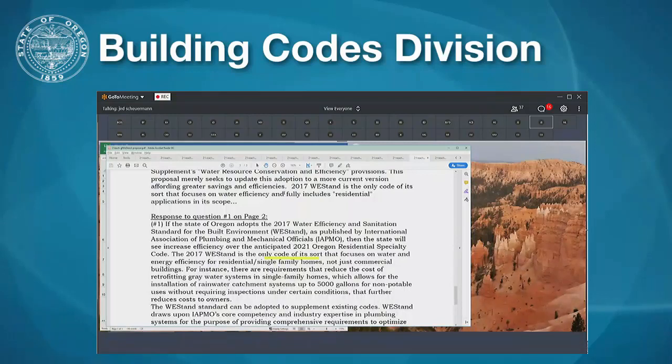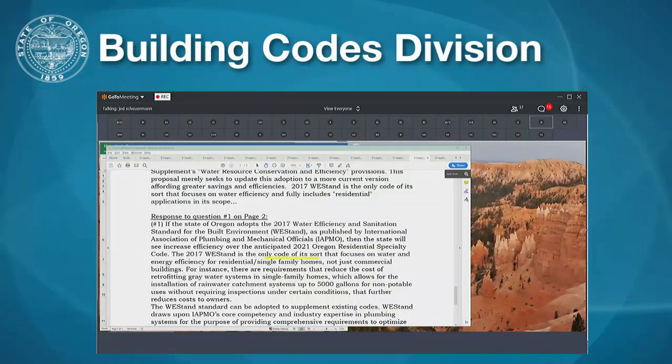IAPMO reconfigured the old Green Plumbing and Mechanical supplement into an actual water efficiency standard, which is an accredited process document, and it's been updated. So the present REACH code doesn't have the newest and latest provisions in it.